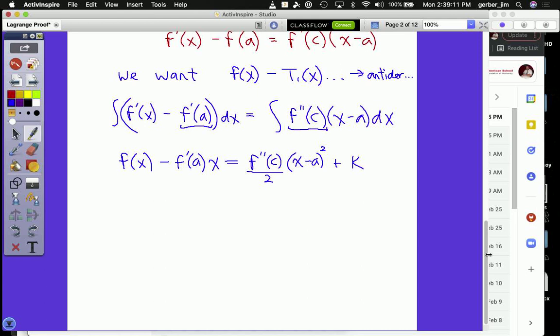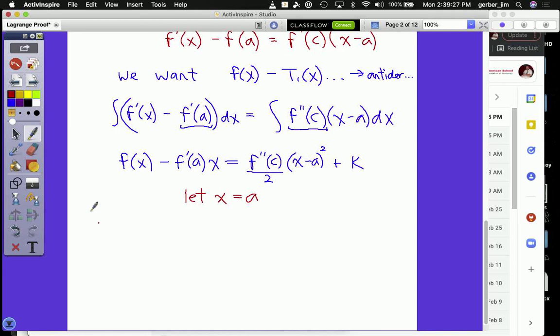All right, now to deal with the k, I'm going to say, well, let's let x equal a. In other words, let's put me right at the center of this approximation.